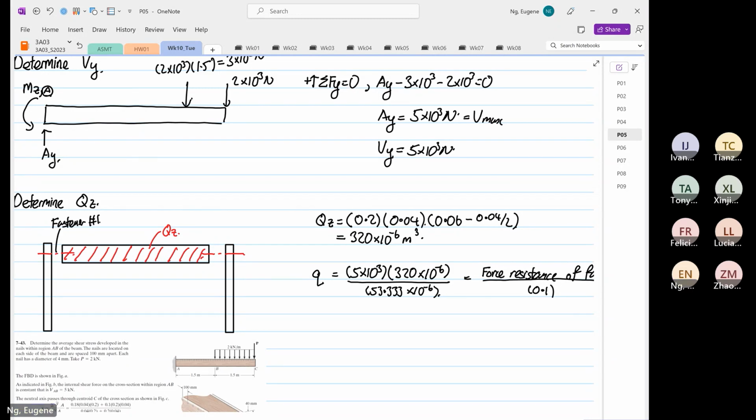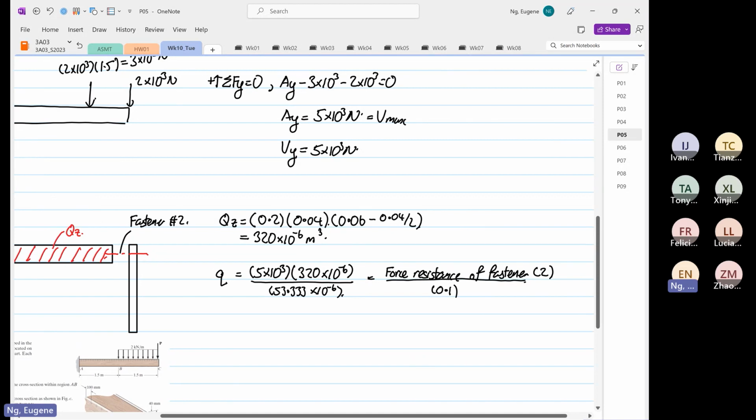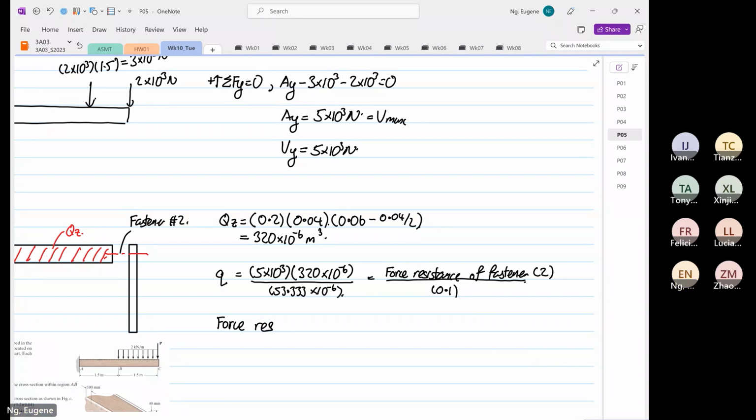Number 1. Over here is fastener number 2. Okay, so that's why you have to multiply. For simplicity's sake, I'm just going to call force resistance equal to 5 times 10 to the power 3 multiplied by 320 times 10 to the minus 6, divided by 333 times 10 to the power minus 6, divided by 2, multiplied by 0.1.